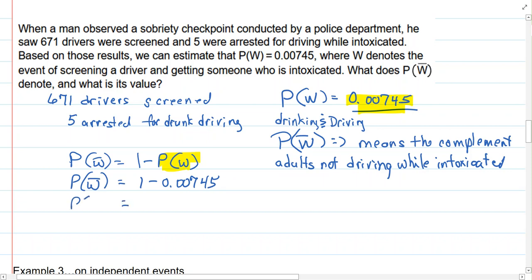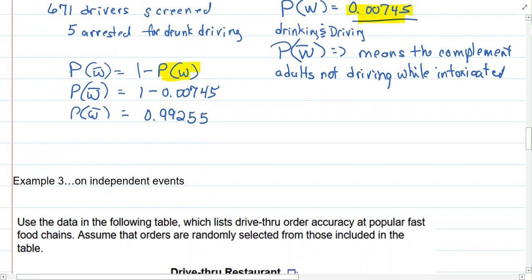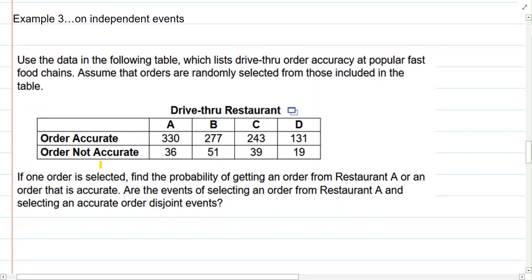And that would give me an arithmetic value of 99255. Simple math. Okay, now understand I'm doing this for educational purposes. So I'm showing every step. But if you can follow along, this will make sense. So here we have a table of items, and we're talking independent events.